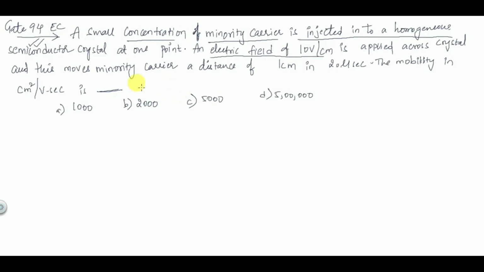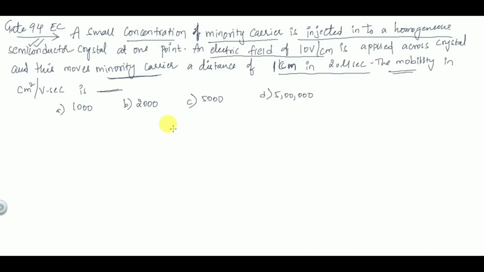This moves the minority carrier which is injected at one point, so it is going to drift. The minority carrier concentration is drifted a distance of 1 centimeter in 20 microseconds. Then he is asking to calculate the mobility.